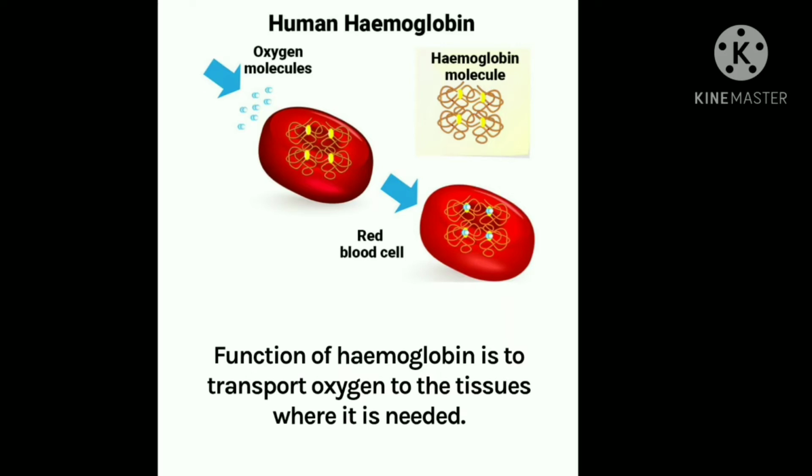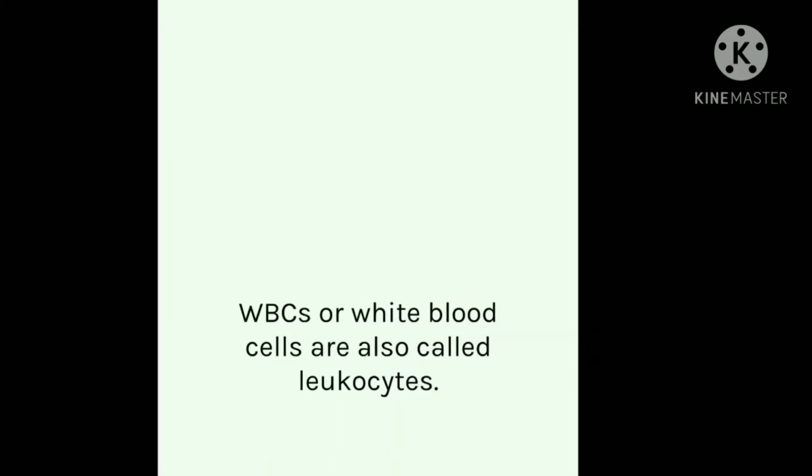When hemoglobin absorbs the oxygen molecules, the blood turns red. That is why our blood color is red. The function of hemoglobin is to transport oxygen to the tissues where it is needed.